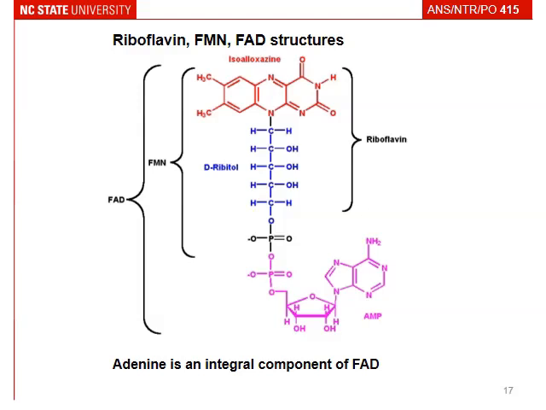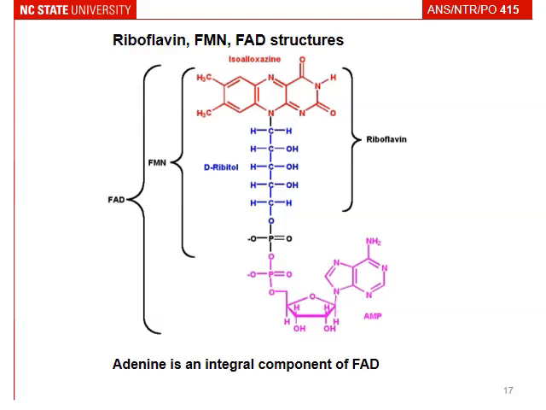So here we have the structure. The overall structure is actually FAD. So you can see the component here of our riboflavin on the left-hand side. The isoalloxazine and the D-ribitol are the components that make up our riboflavin.